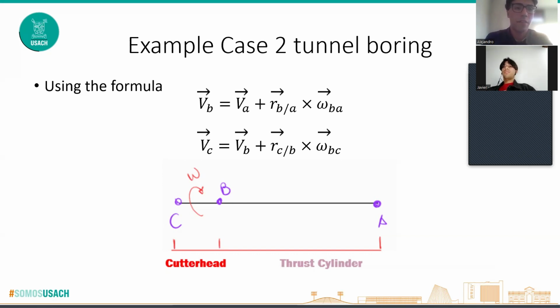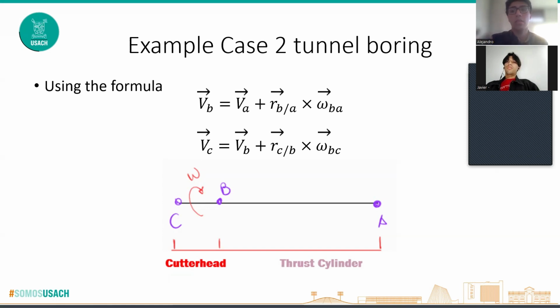Now, for the first formula, we have the vector of velocity of the particle B is equal to the vector of velocity of the particle in A plus the distance between B and A cross the angular velocity between the particle in B and the particle in A. But we can see in this picture that between A and B, we don't have an angular velocity.